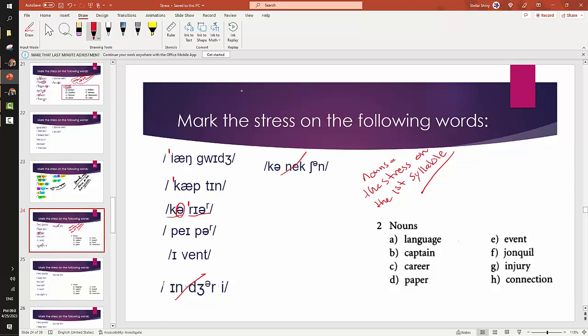Paper. Yeah, it's obvious, it's the first syllable. And you cannot stress the schwa here. It's paper. Okay. Event. You can hear vent over e.